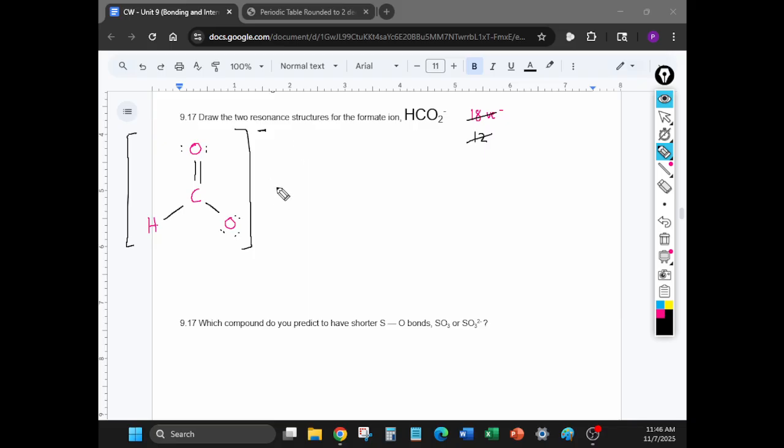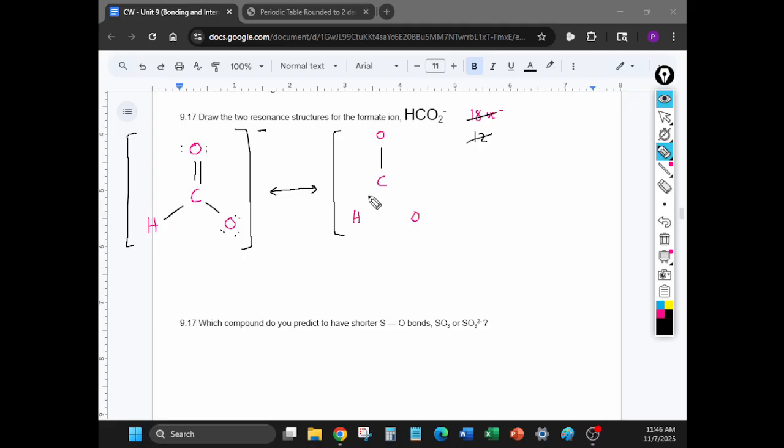The other resonance structure that we can draw is going to be the same thing, but this time instead of the carbon and the oxygen going up, we're going to do one going to the bottom and to the right. Now, if you drew it differently, if you orient it a little differently, just switch the double bond to the other oxygen. That's going to be the resonance structure. So carbon, oxygen, oxygen, hydrogen.